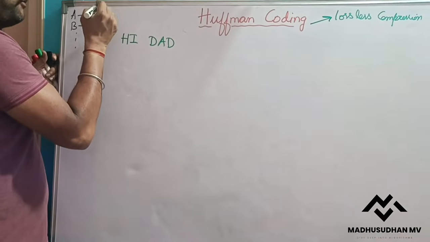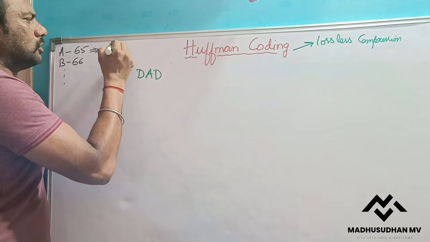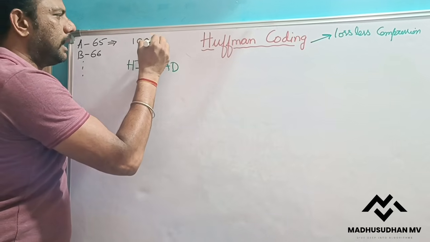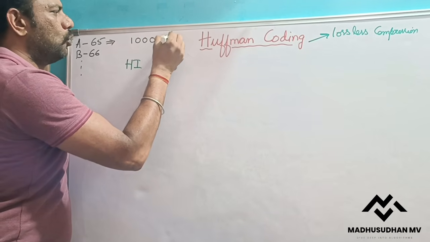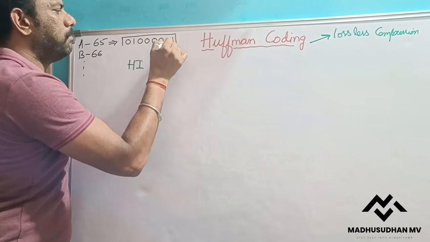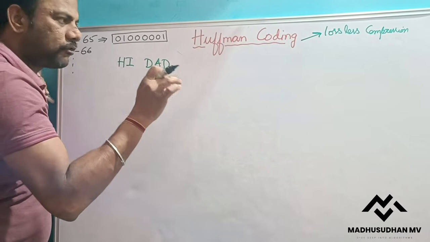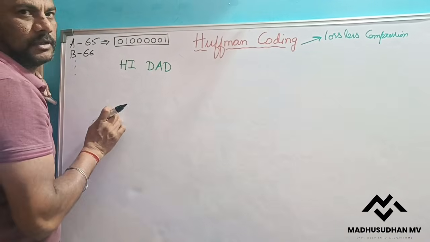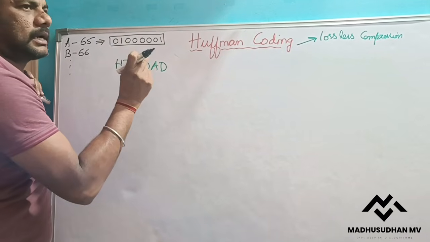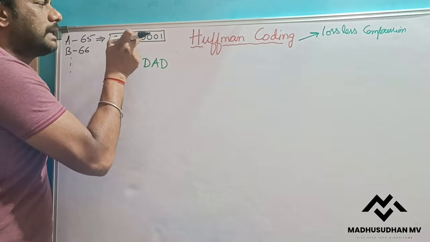Now this 65, we are going to convert into binary bits: 64, 32, 16, 8, 4, 2, 1. So with 7 or 8 bits, this is what 65 is in binary. When I type capital A, instead of A, it will be replaced by this. So how many bits does every character have? Every character has one ASCII value, and that ASCII value is of 8 bits.